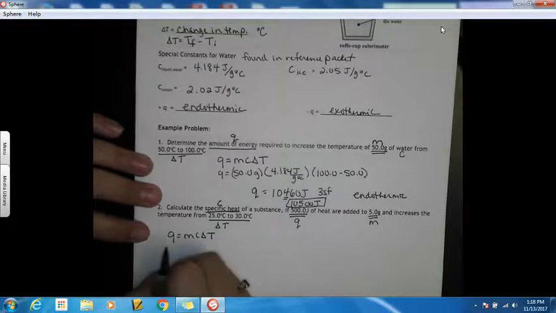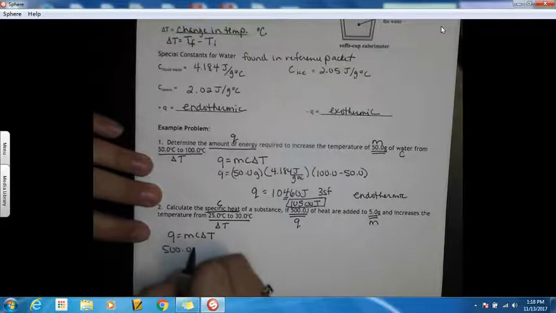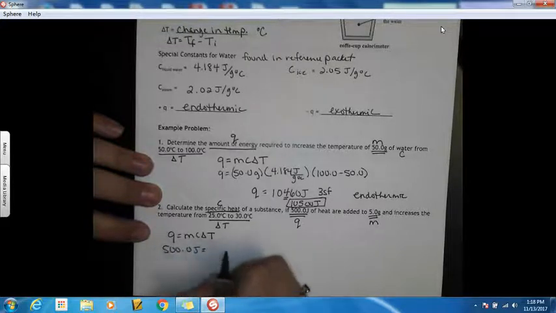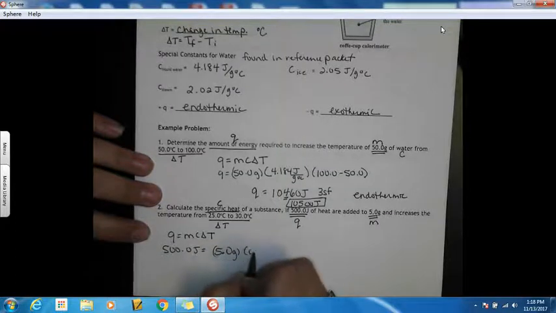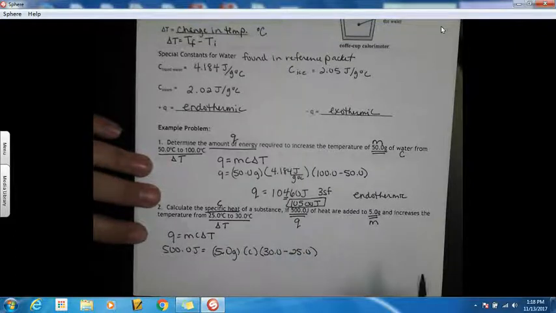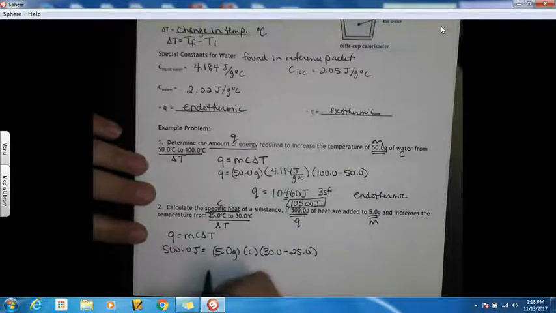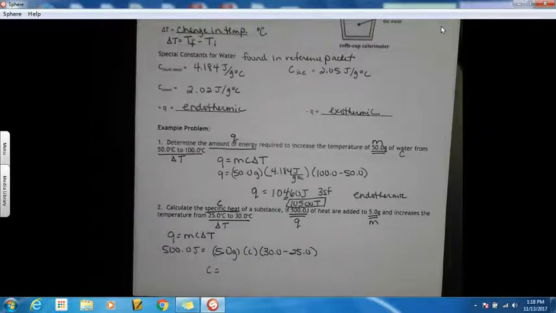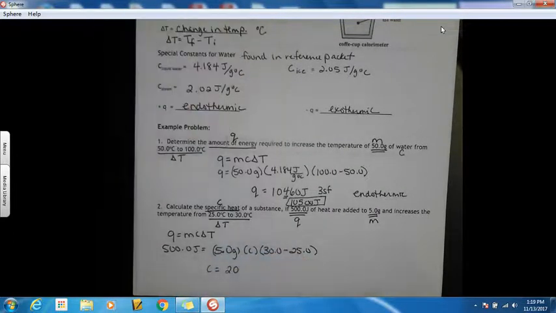So Q was 500 joules, and that's equal to our mass, which was 5 grams, times our specific heat, which is what we're looking for, times our delta T, which is final minus initial, and so then we solve for C. And we get 20 for our answer.